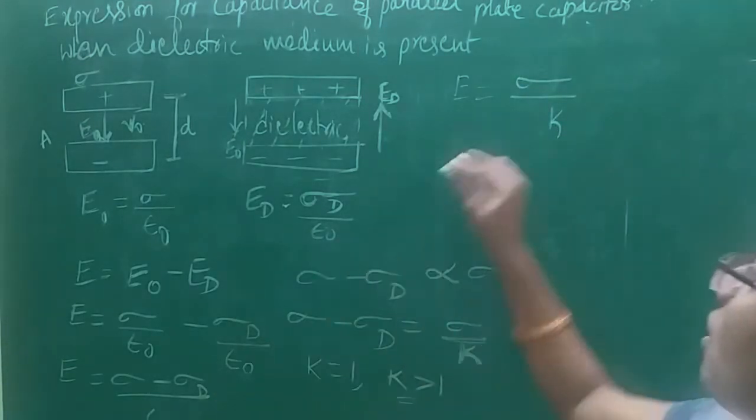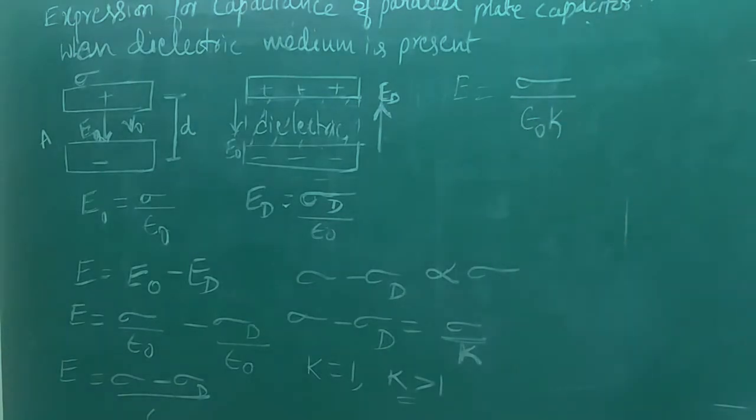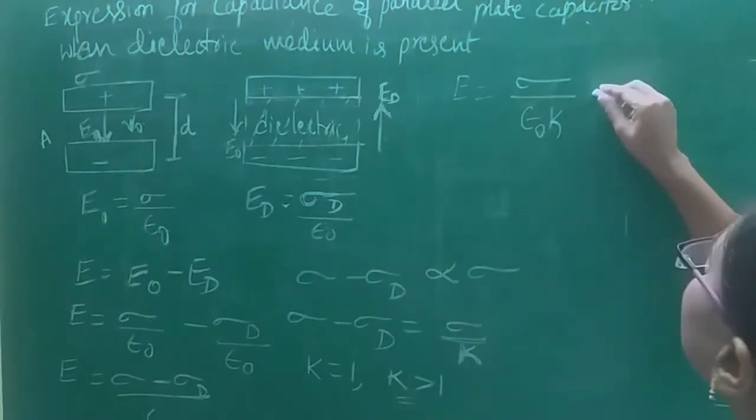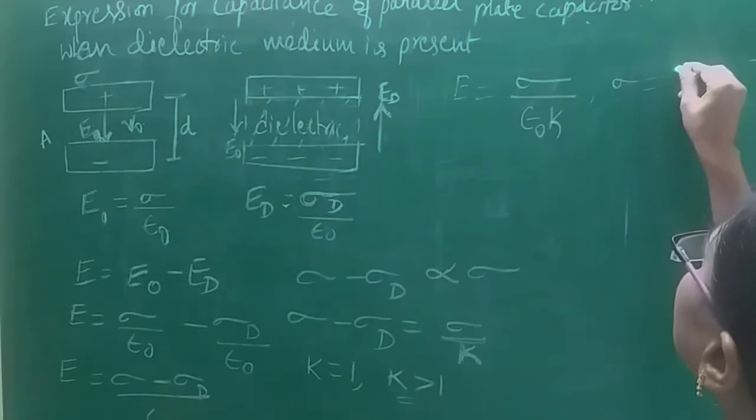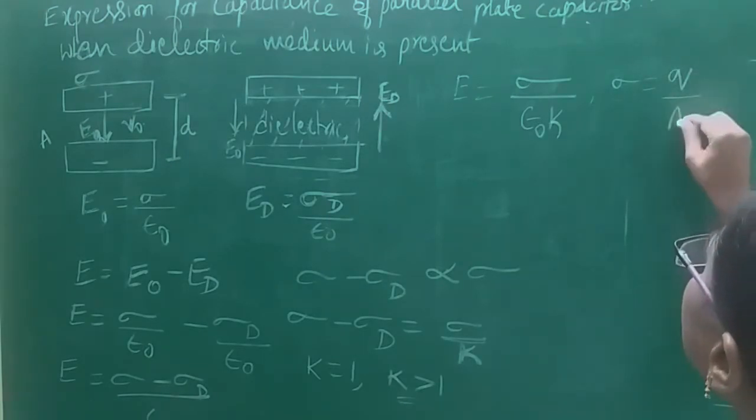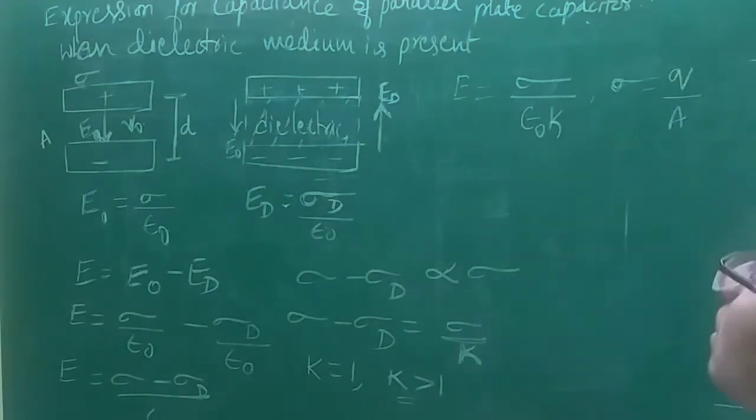We know the surface charge density is the ratio of charge to the area of the conductor.